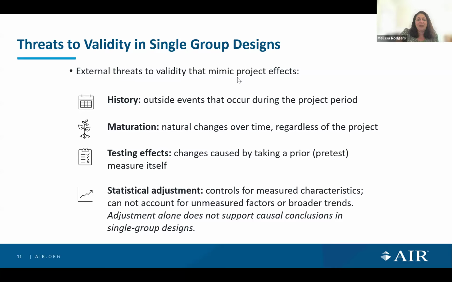So basically it fails to solve the core problem of single group designs. Without a comparison group, even sophisticated methods cannot establish what would happen to participants without the program. So in summary, single group designs cannot isolate program effects from other influences. They're still valuable for understanding implementation, participant experiences, etc., but they do not qualify as impact evaluations.